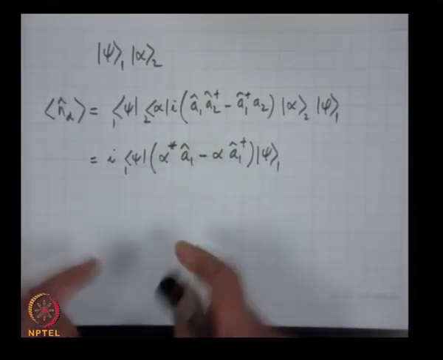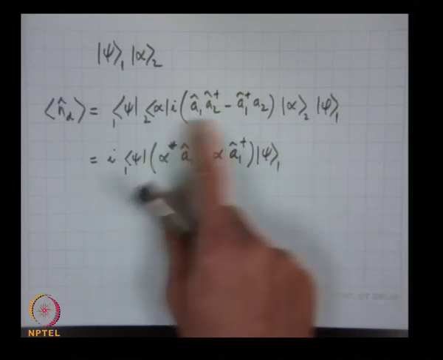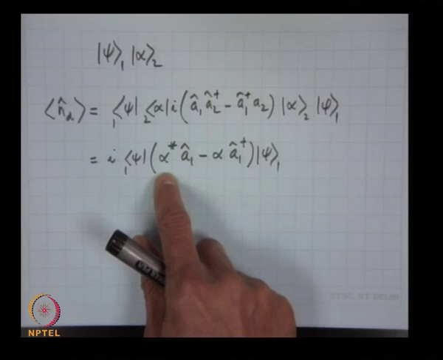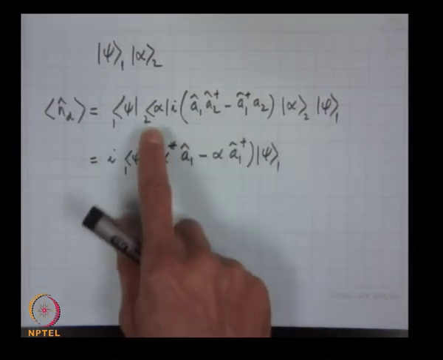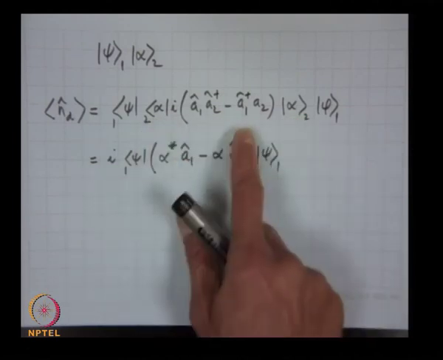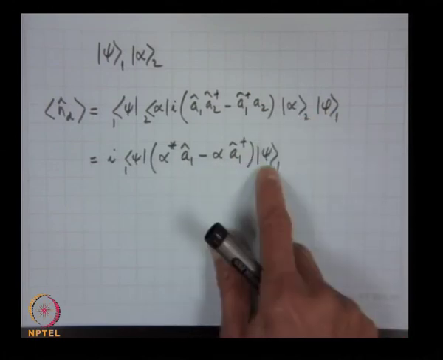When I open the bracket, A2 dagger is between alpha, A2 dagger alpha, which is alpha star. Because A2 dagger on alpha bra is alpha star, alpha bra alpha ket is 1. Similarly, alpha A2 alpha is simply alpha.